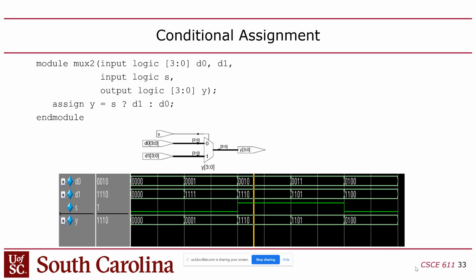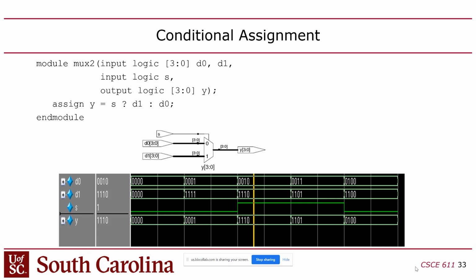But in Verilog, you'll see this a lot because if you want to create a multiplexer, and multiplexers are everywhere in a CPU because that's the way that you create data paths. That's the fundamental way you steer data in your CPU, through multiplexers. So you're going to have lots and lots of these in your design. But it's nice because with this ternary operator, you can basically do it in one line of code. You can say assign y equals s question mark, that's the condition.